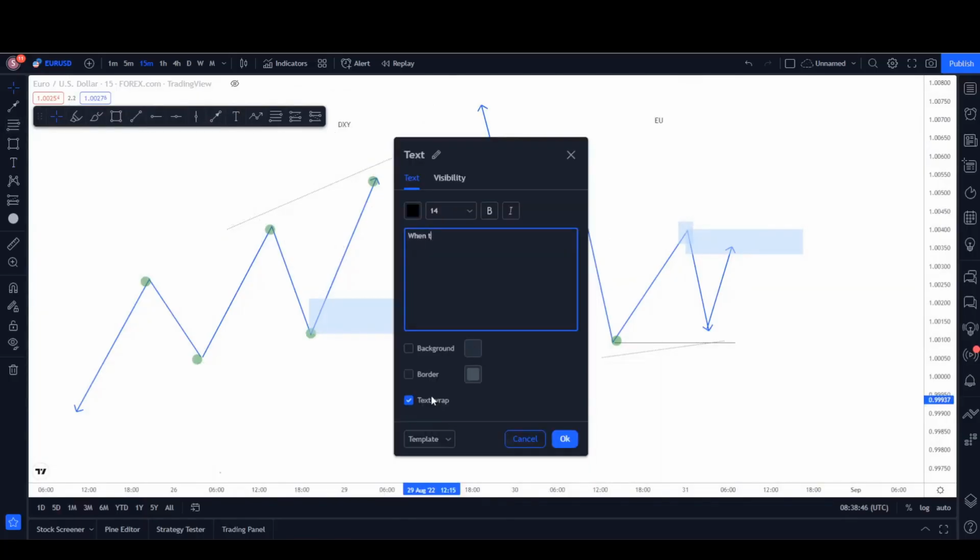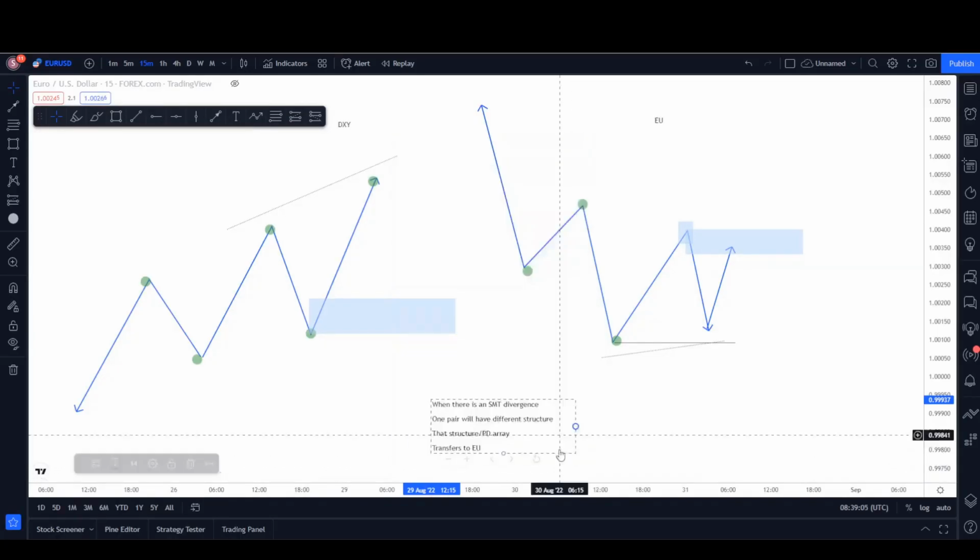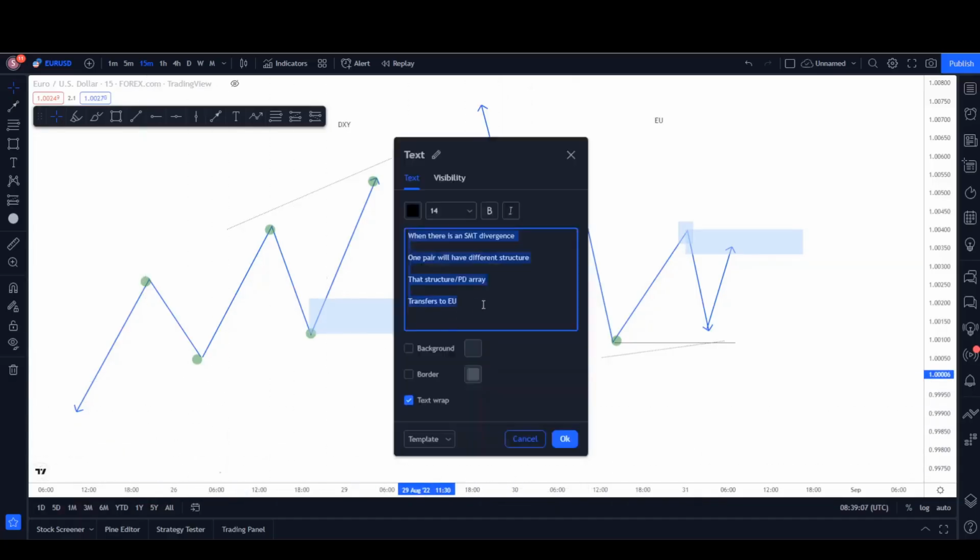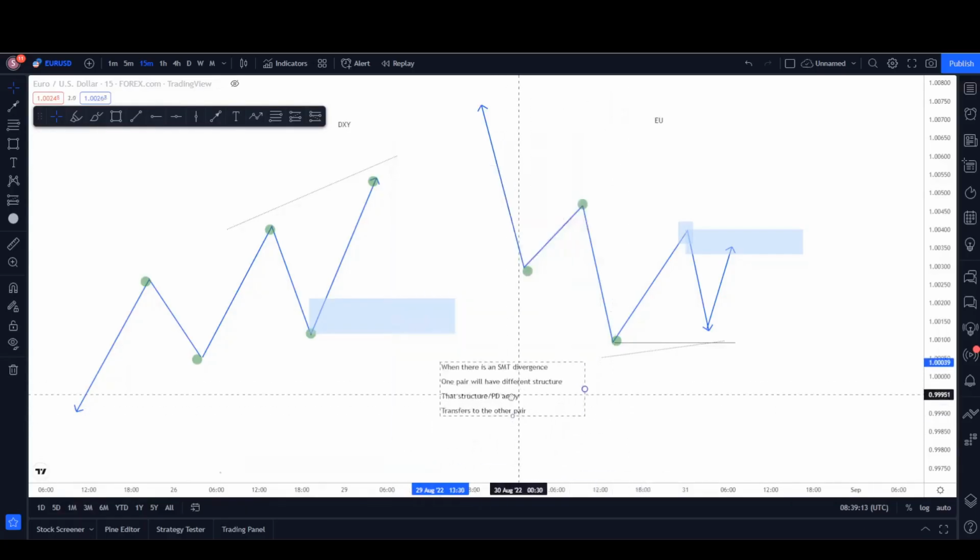When there is an SMT divergence, one pair will have different structure, and essentially that structure slash PD array transfers to the other pair.